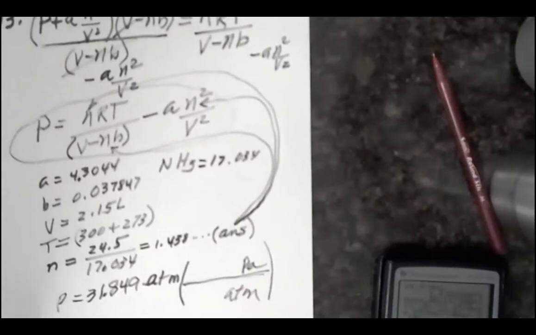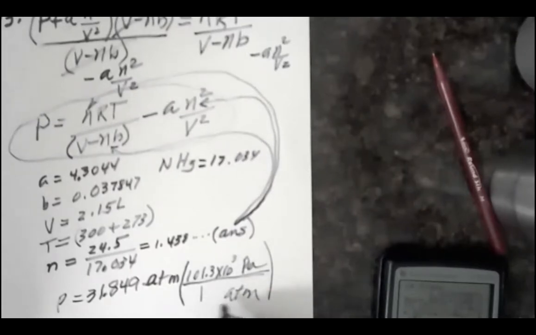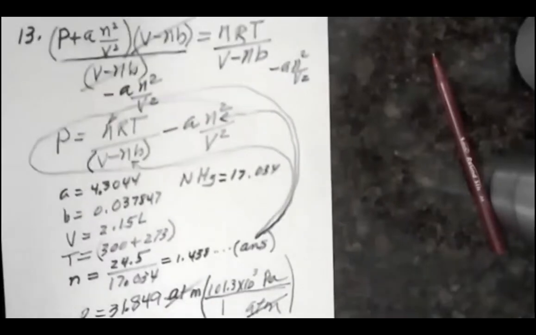Now, let's look. I was given that 101.3 times 10 to the third, 101.3 kilopascals is 1 atmosphere, 760 torr. So I want to multiply that by 101.3 times 10 to the third.